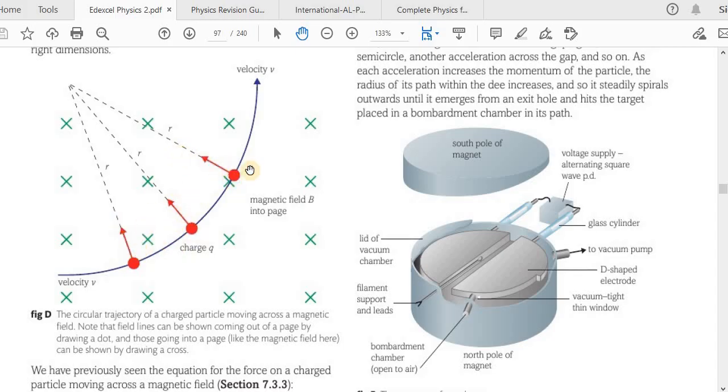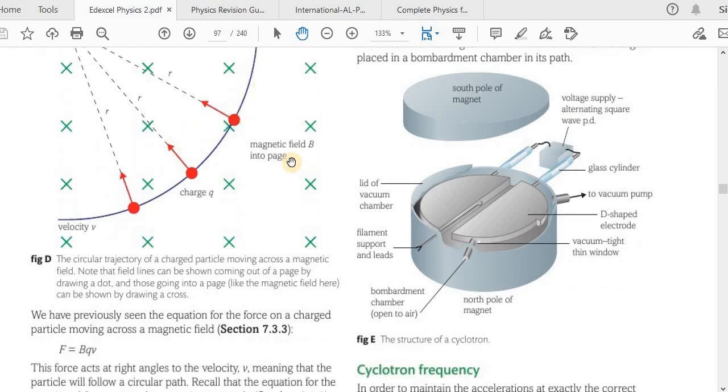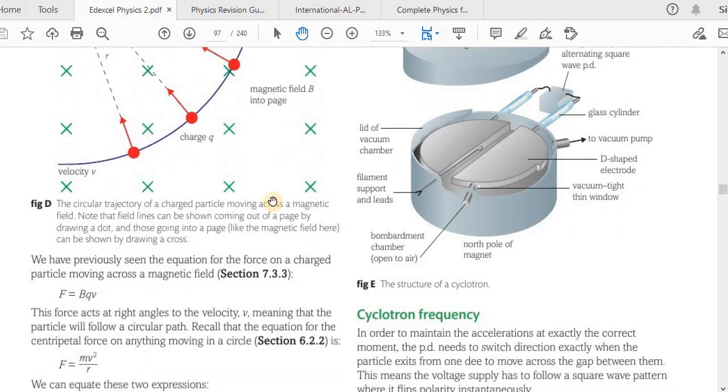Always the force is perpendicular to the direction that the charged particle is moving, and also perpendicular to the direction of the magnetic field. We have previously seen the equation for the force on a charged particle moving across a magnetic field in chapter 7, when we learnt about magnetic fields. That is F = BQV.